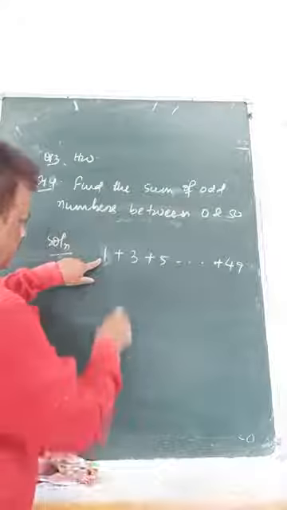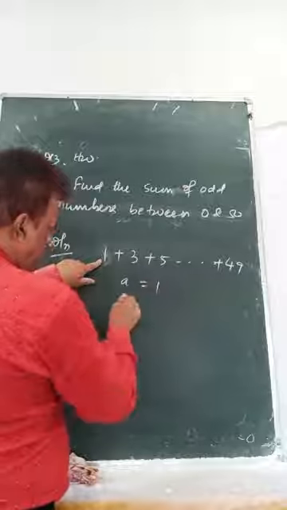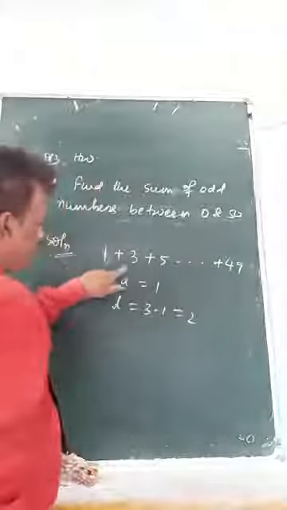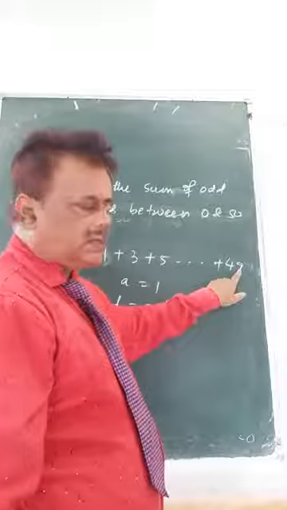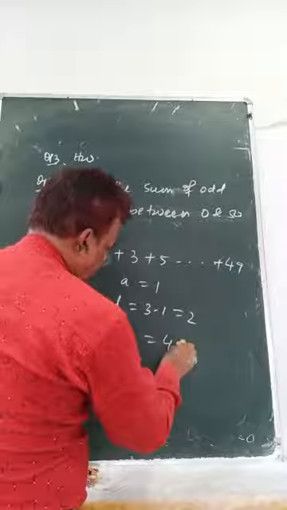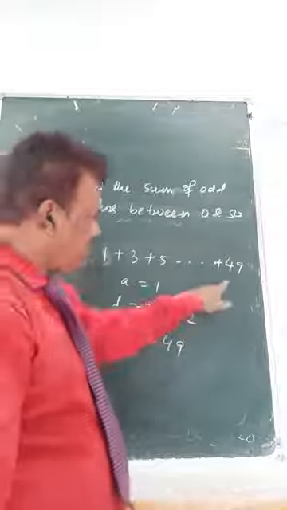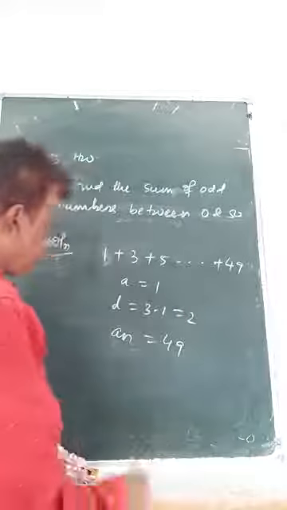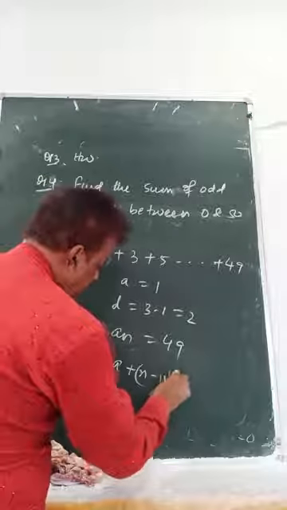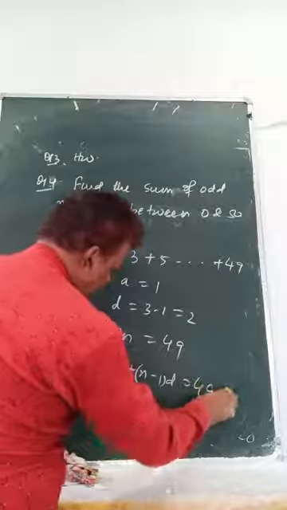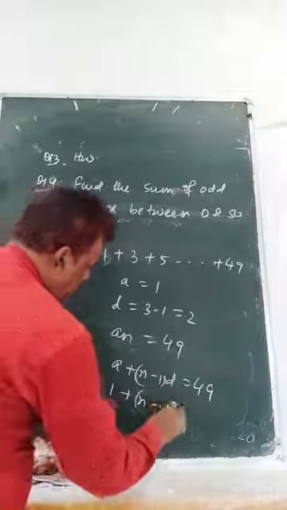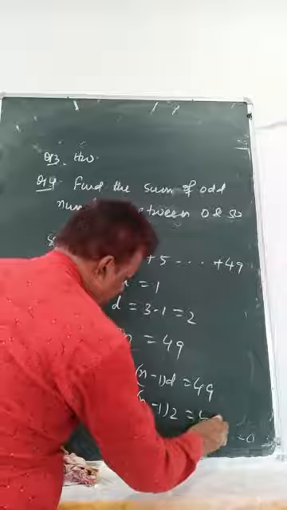That means your A equals 1. D equals 3 minus 1, 2. This is the last number, AN, 49. So if you use AN, you will find n. What is the formula? A plus n minus 1 into D equals 49. 1 plus n minus 1 into 2 equals 49.